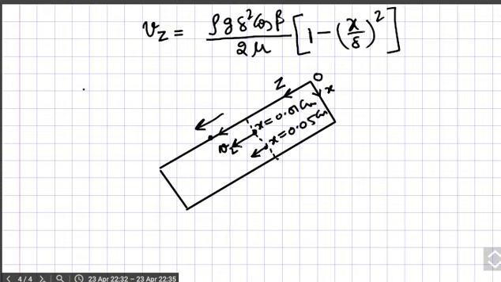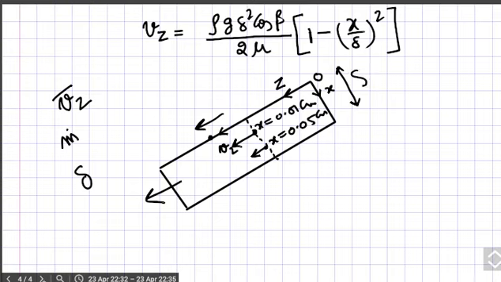There you will see how to calculate average velocity and how to calculate mass flow rate that will be flowing through this, and you can develop a formula for the thickness of the film. What thickness of film will be there for a particular viscosity and for a particular angle. You can calculate thickness also.